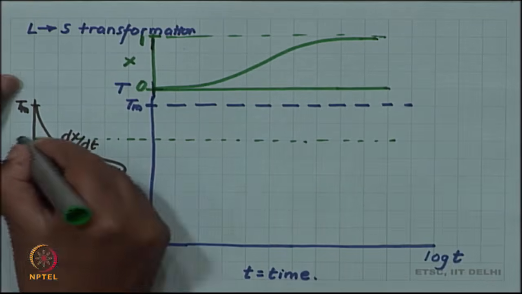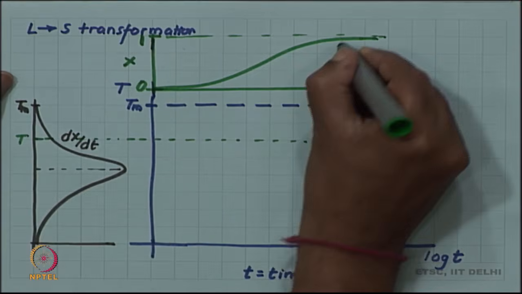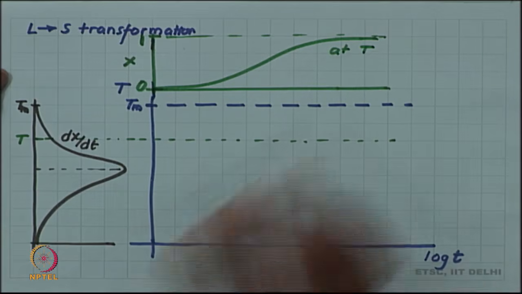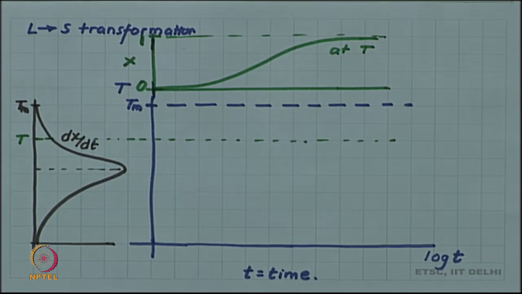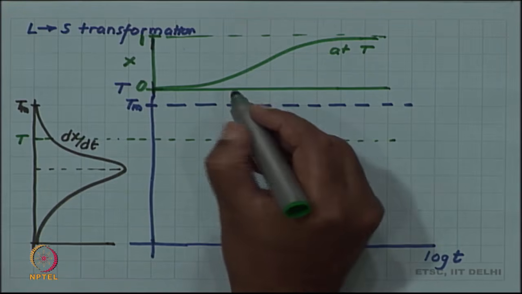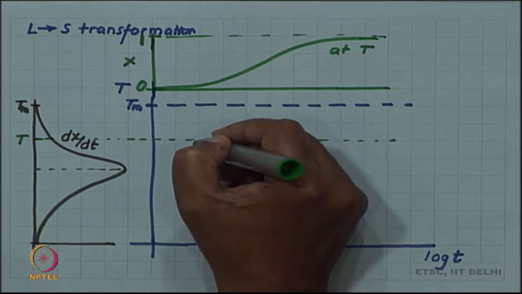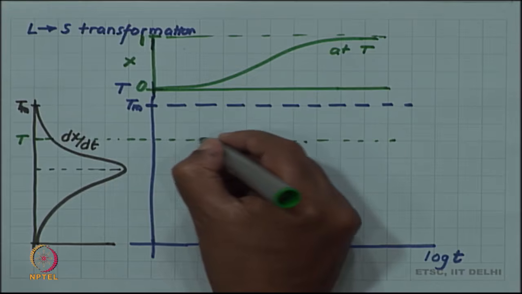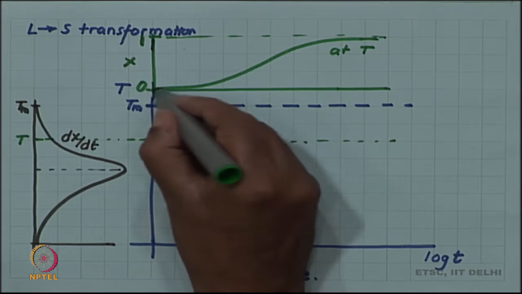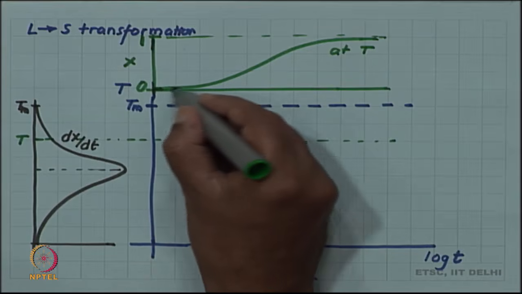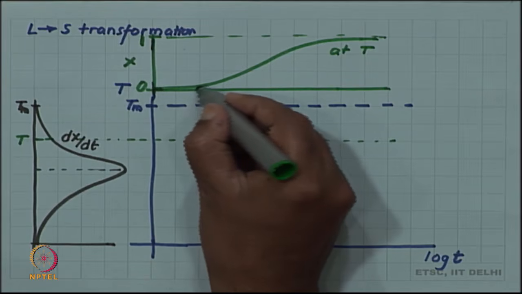So, at this temperature, what I can do is to plot the time for the start of the transformation. You can see here initially the volume fraction transformed was very negligible and will not be detectable.